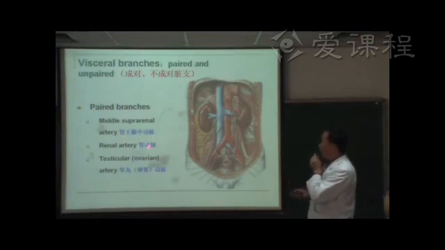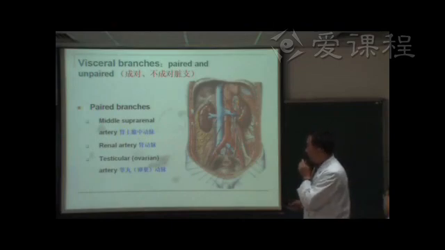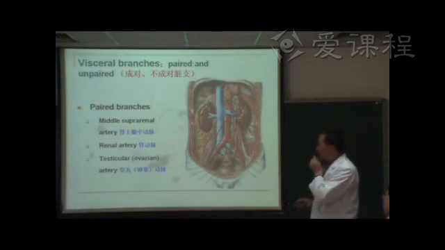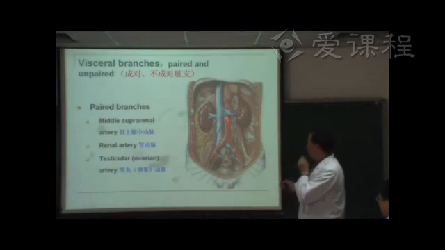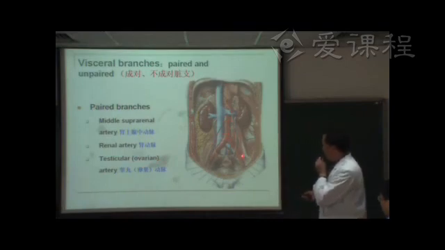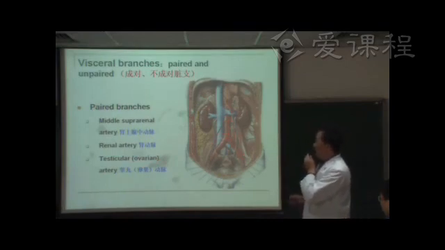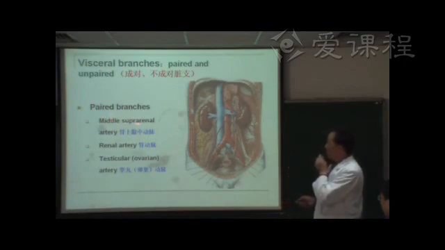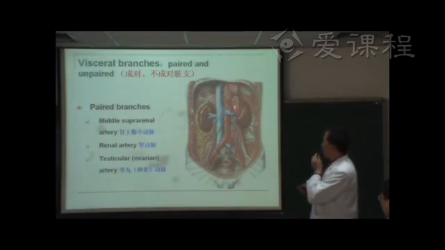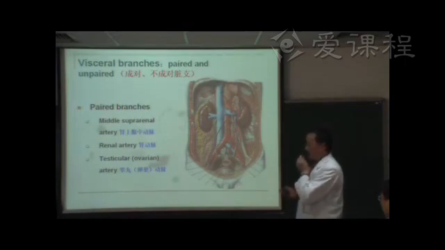This is the renal artery. It supplies the kidney. And another pair is testicular or ovarian artery. This one and this one. The middle suprarenal artery supplies the suprarenal gland.